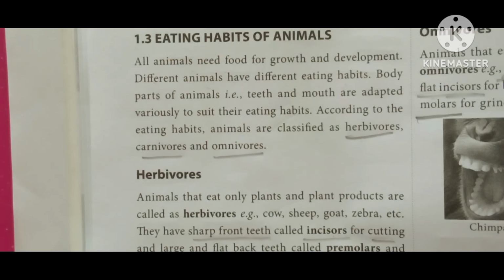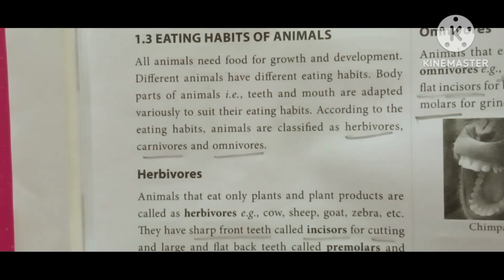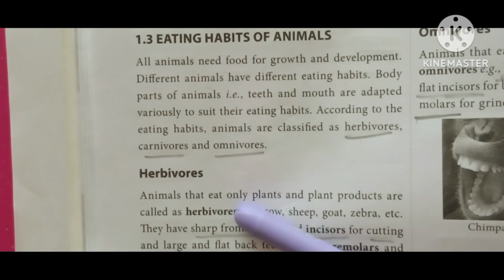So these varieties are divided into herbivores, carnivores, and omnivores depending on their eating habits. The first term is herbivores. Herbivores are the animals that eat only plants and plant products.